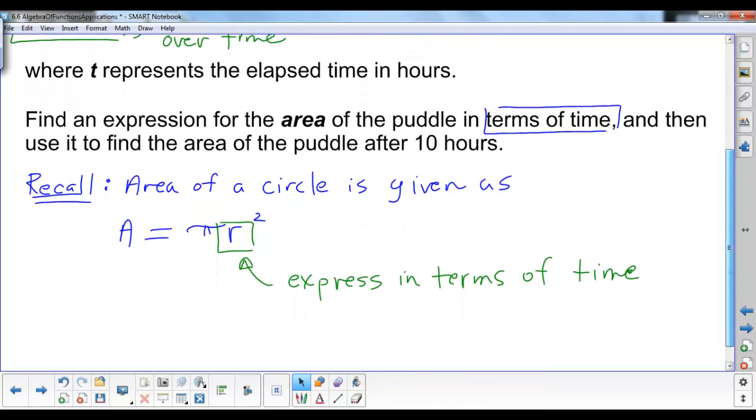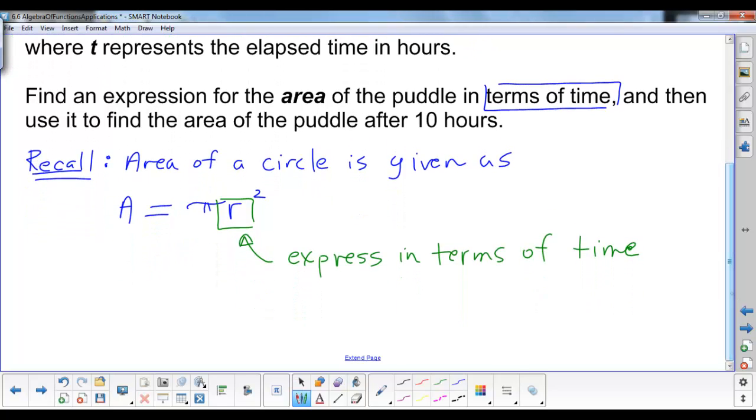If we picture what we're doing here, the reason this relates to this unit is that we're going to do a composition of functions. We have area defined in terms of radius, but radius can be defined in terms of time. So if I replace radius with a function in terms of another variable, I've now represented the area as a composition of another function.